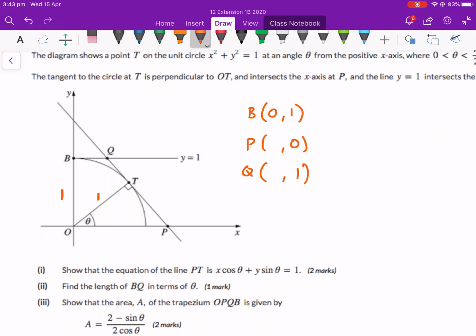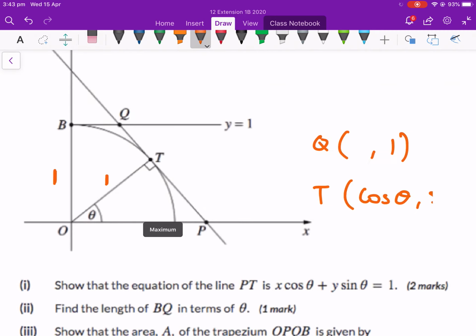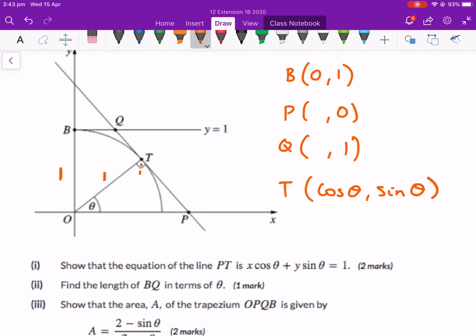We do actually know the coordinates of T because this lies on the unit circle. T has coordinates cos theta, sine theta by definition of a unit circle. And just as a bit of a recap on where they come from, let's turn this into a right angle triangle. We'll say that this is our x value and this is our y value. In terms of our coordinates for T, the distance along here is our x coordinate, the distance from there to there is our y coordinate.